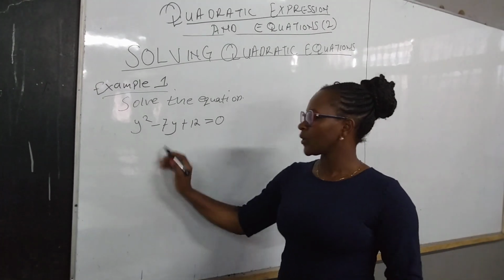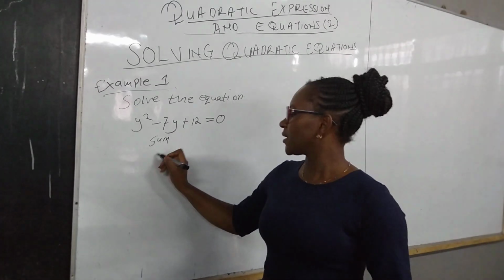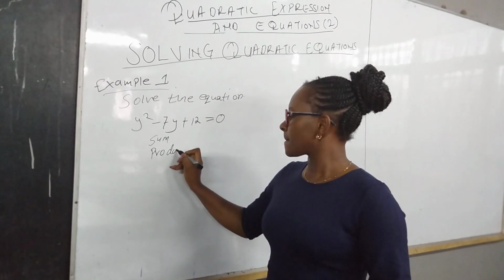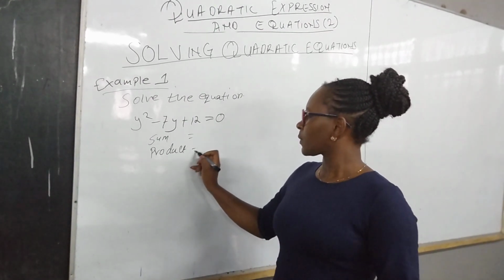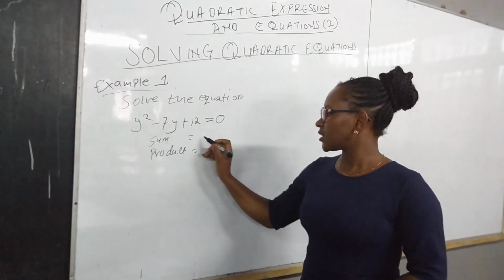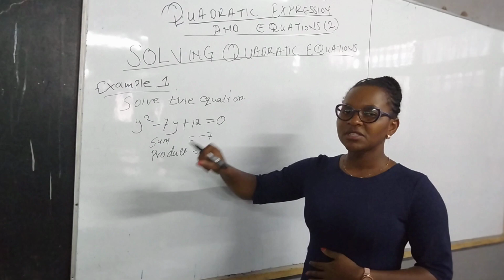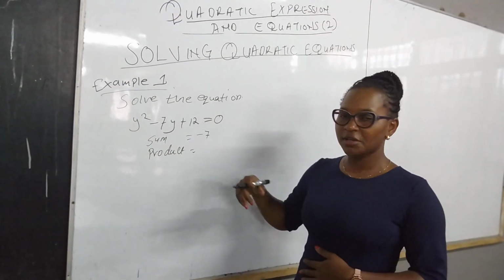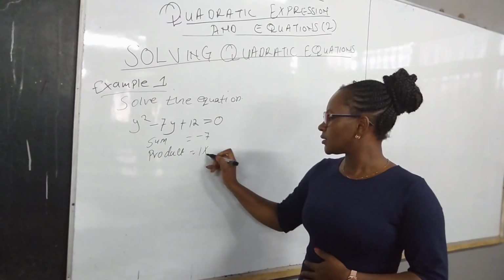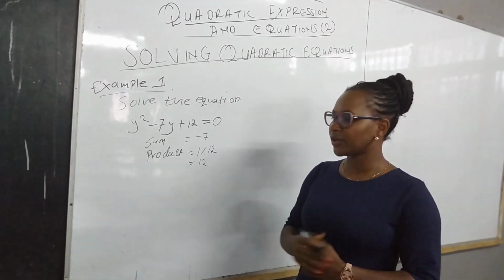Follow this. We have to write this as sum and product. Sum, we said, will be the second coefficient, that is negative 7. Product will be the coefficient of the first value times the third value, that is 1 times 12, and we get 12.